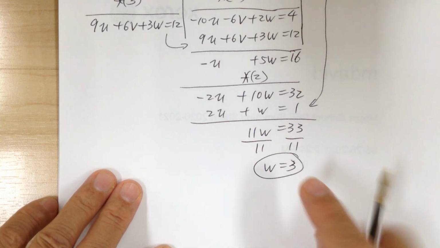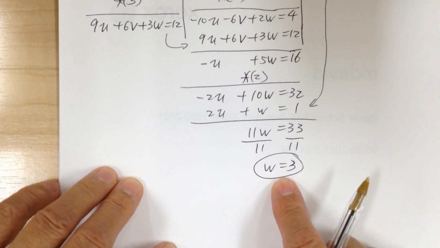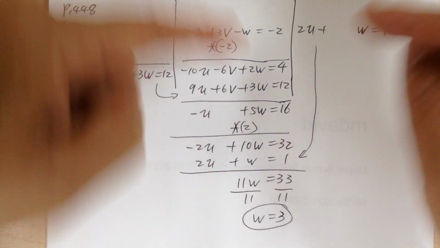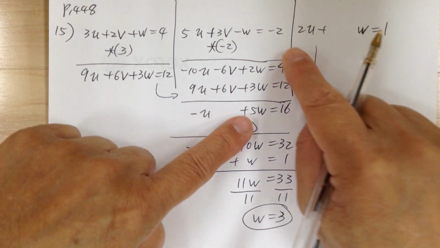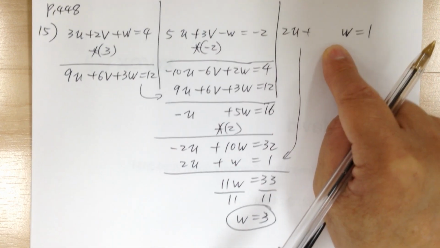Now once I found w equal to 3, I need to go back to the 2 equation one. I can either go back to here or here. Again, you have to go back one layer at a time. From one variable, you go back to 2 variables. I'm going to use this one.